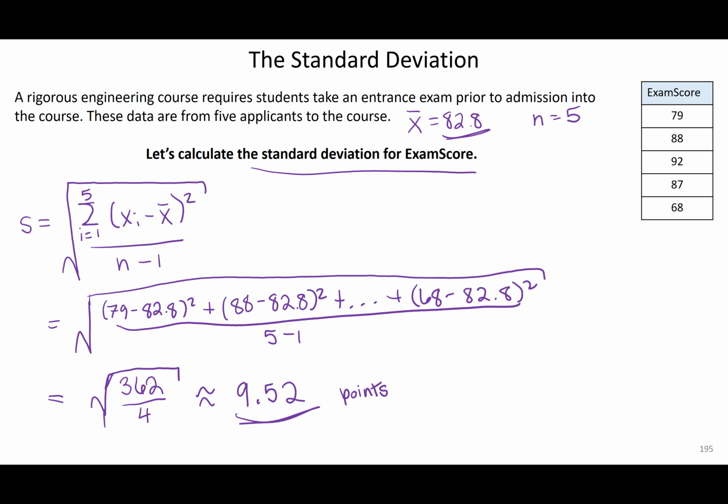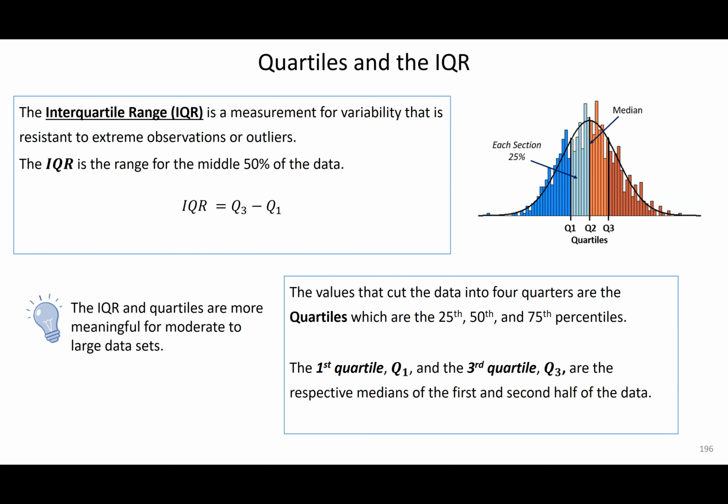So quartiles. They are a special case of percentiles, specifically at the quarters. So the first quartile is the 25th percentile. Okay, so quartiles.